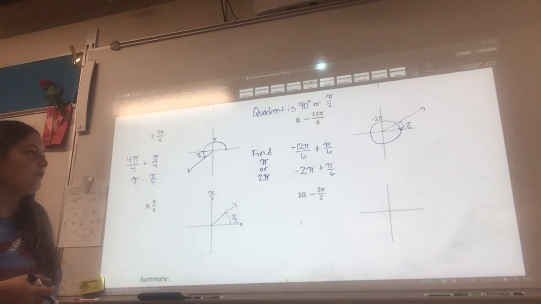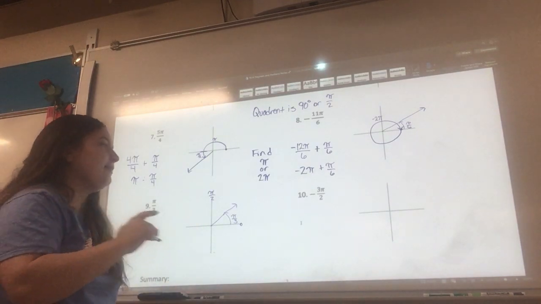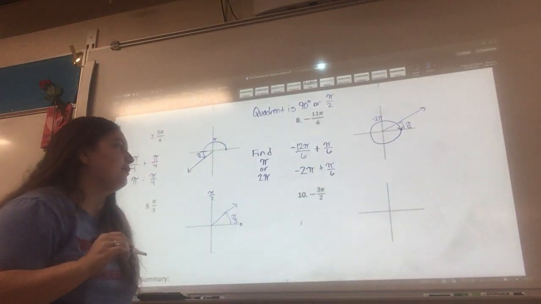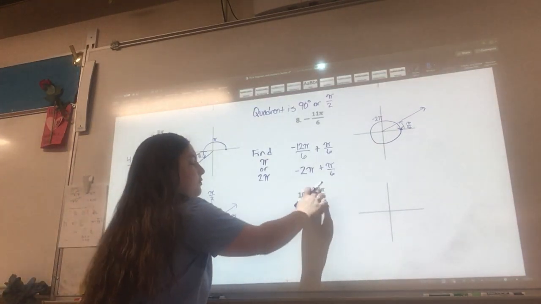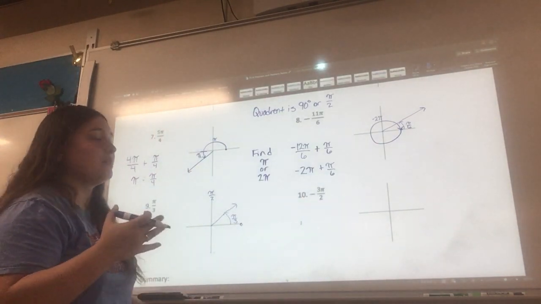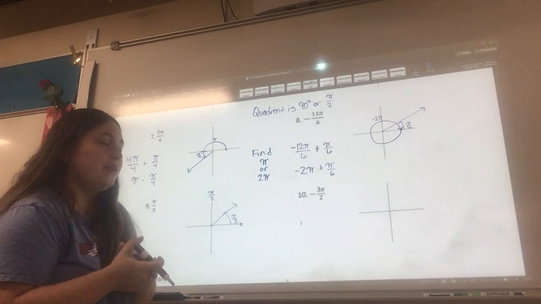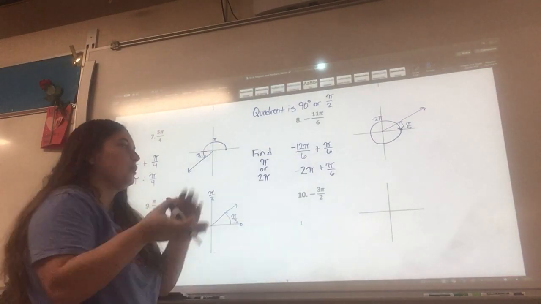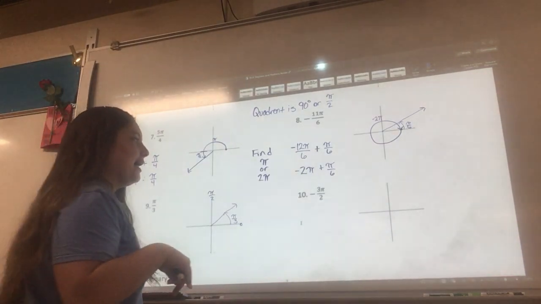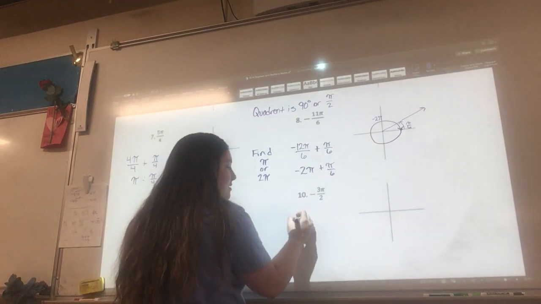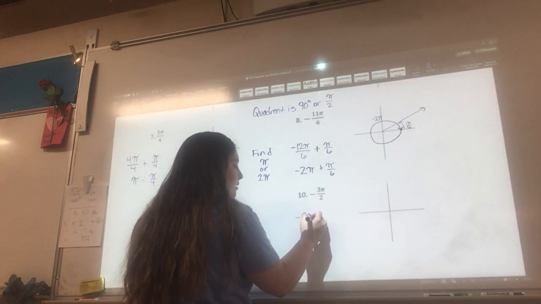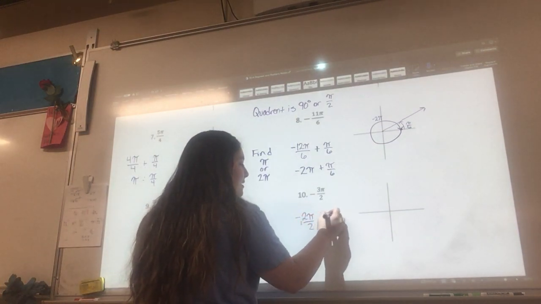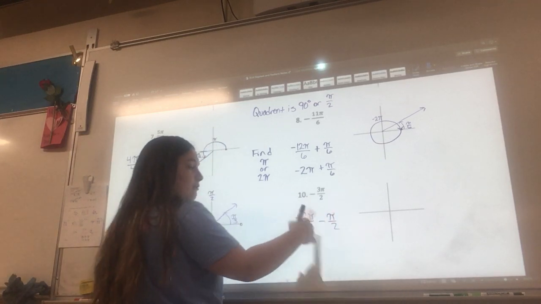Okay. And our last one for today, we have negative 3 pi over 2. 3 over 2 is really close, so this one actually is perfectly halfway. So you can either go pi or 2 pi, but we're just going to go pi. So I can see that this is the same thing as negative 2 pi over 2 minus pi over 2, same thing, right?